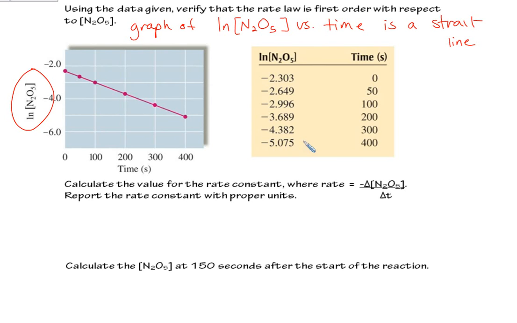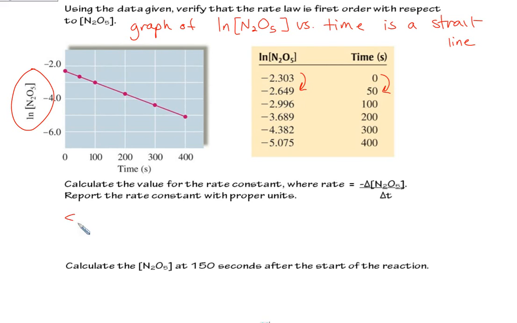So to make it easy on ourselves, let's maybe look at the first 50 seconds. All I want to do is calculate the slope. The opposite of the slope should be the value of k, the constant.